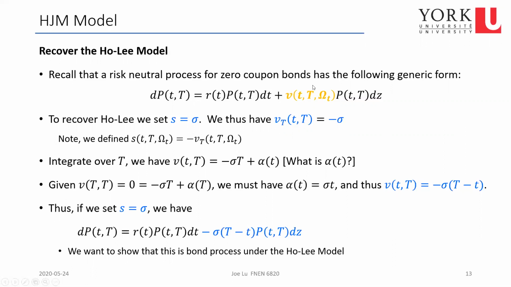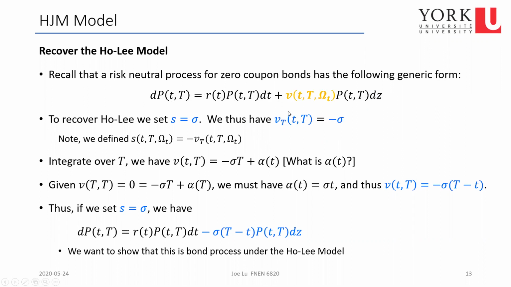So if rate were to go up, the price must go down. So that's why this is a negative sigma here. Now we know this partial derivative of V with respect to big T is minus sigma. We want to recover this V, which is the volatility in this zero coupon bond price process. So how do we do that?